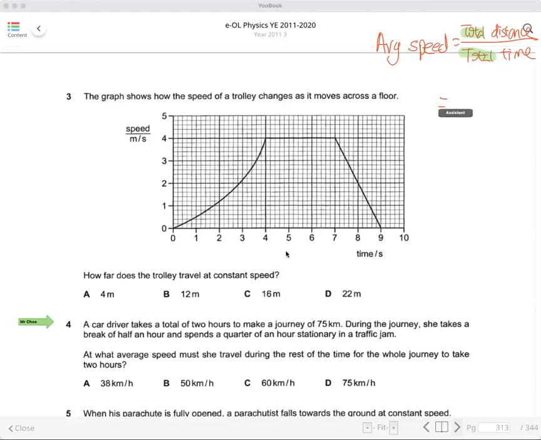From here, you know the total distance the driver needs is 75 kilometers. So what is the remaining time left? She needs to complete the whole thing in 2 hours. But she spent half an hour on a break and then a quarter of an hour in a jam. So from here, what's the answer? Bei Kwan, try again. Ryan, where is your answer?